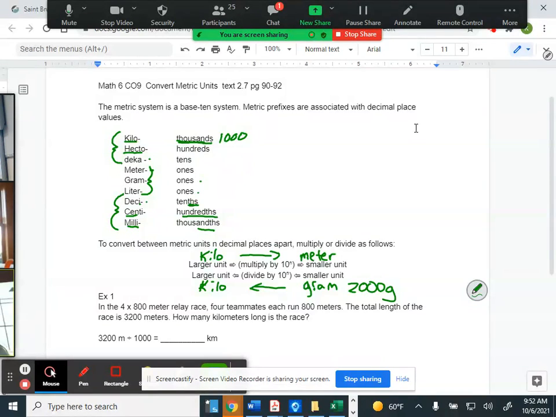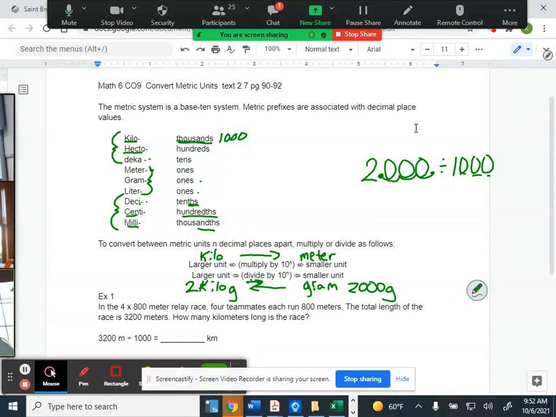So if there's 2,000 grams, you're dividing by that 1,000. When we divide 2,000 by 1,000, you're just moving the decimal place over 1, 2, 3 spots because there were 3 zeros. So 2,000 grams would be 2 kilograms.